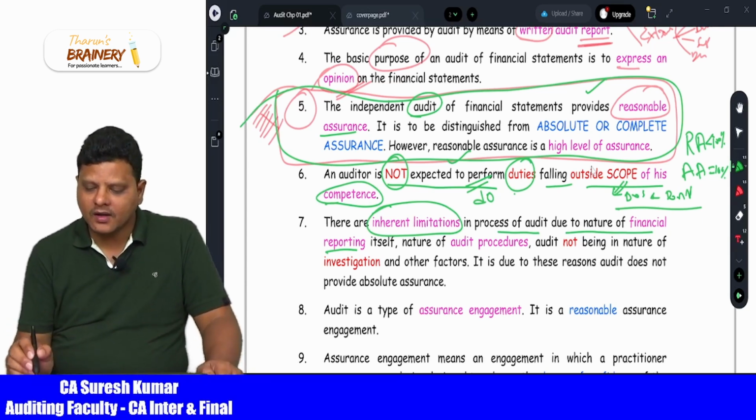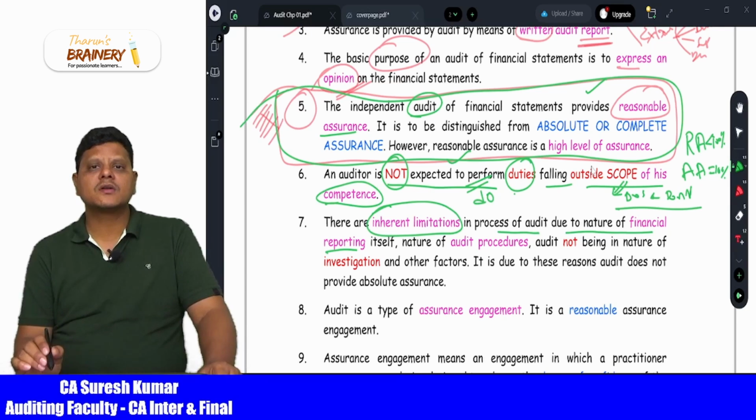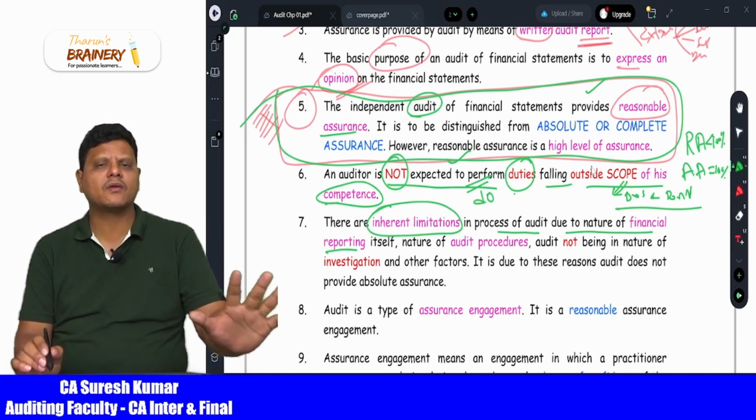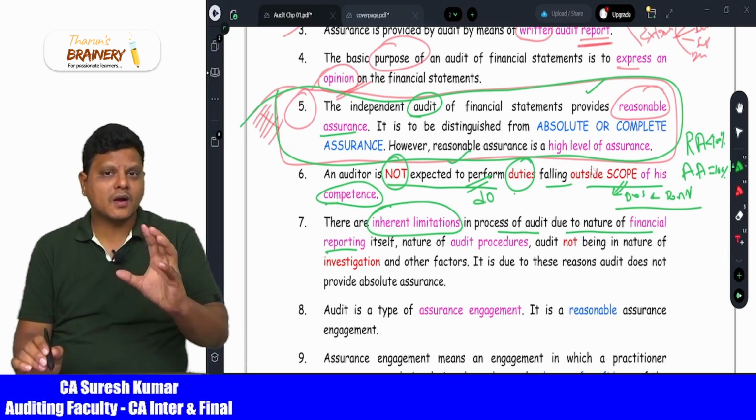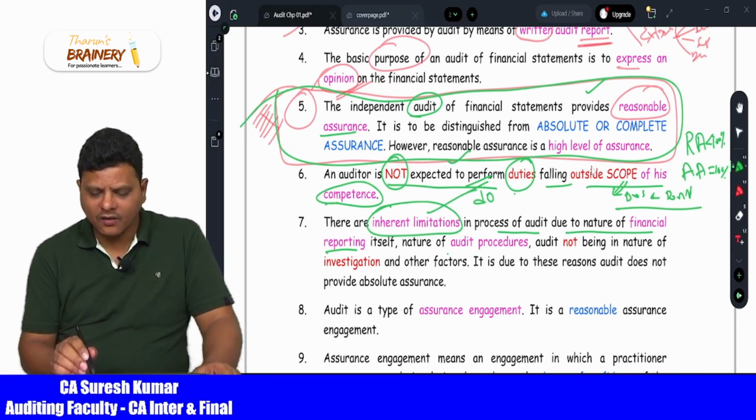One inherent limitation is the nature of financial reporting. Financial statements are prepared by the management. Management may prepare the financial statements based on various estimations and valuations, which may not be 100% reliable. Hence it is a limitation. Then, the nature of audit procedures.